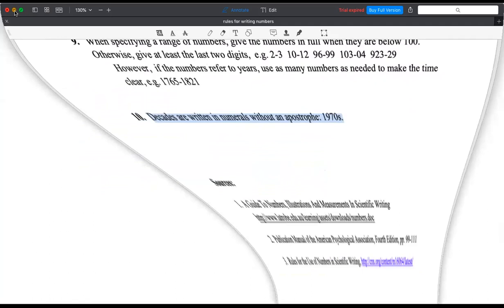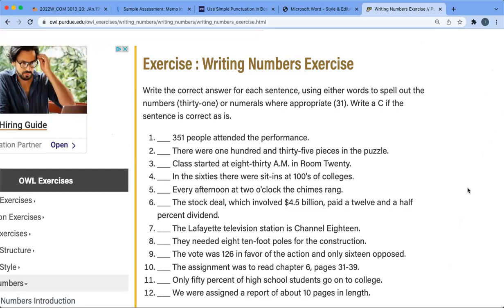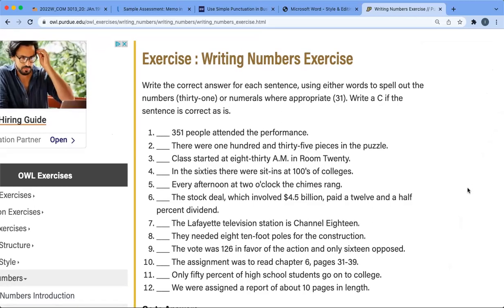You need to write down the correct answer for each sentence, using either words to spell out the numbers, or numerals where appropriate. Remember, at the beginning of a sentence we never write down the numbers; we always spell them out.